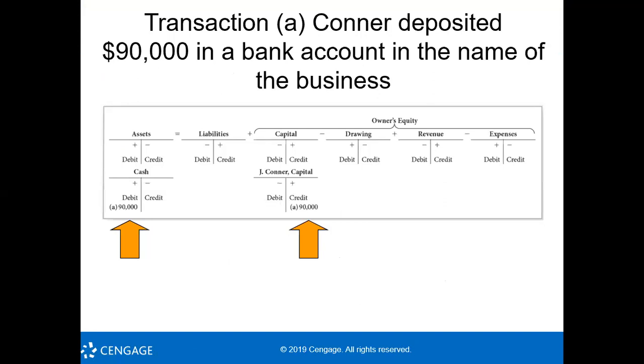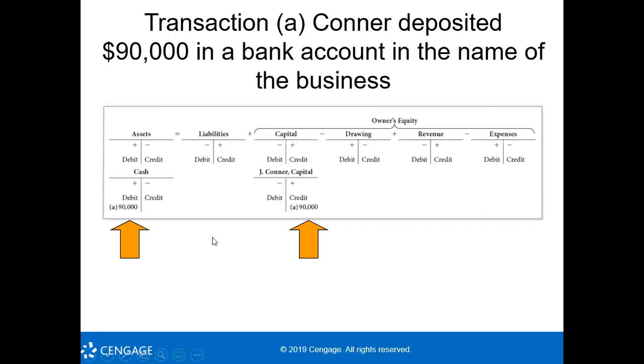All right, so here's one of the transactions we looked at in chapter 1. Connor deposited $90,000 in a bank account in the name of the business. Okay, so remember when we looked at this in chapter 1, we said our asset has $90,000 on one side, our equity has $90,000 on the other side. The accounting equation remains balanced, right?